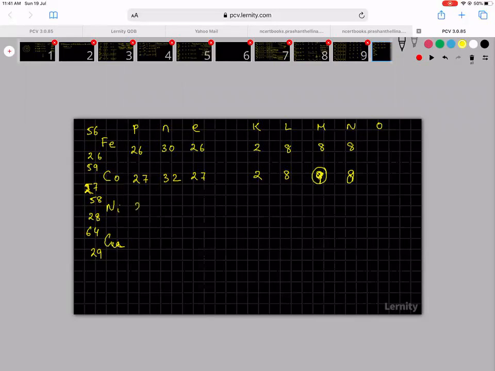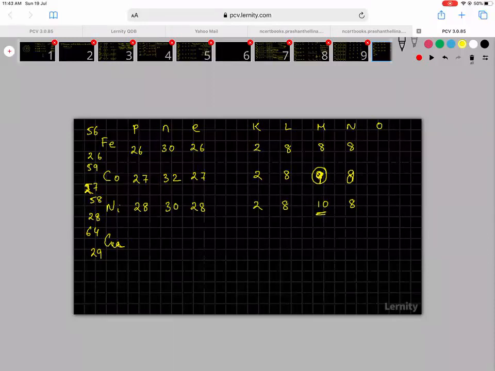In case of nickel, this is 28 protons, 30 neutrons, 28 electrons. So 2, 8, 10, and then will come 8. Now this is not the last shell, this is the last but one shell. So according to Bohr's model, the last but one shell can have a maximum of up to 18 electrons. So now it keeps going.